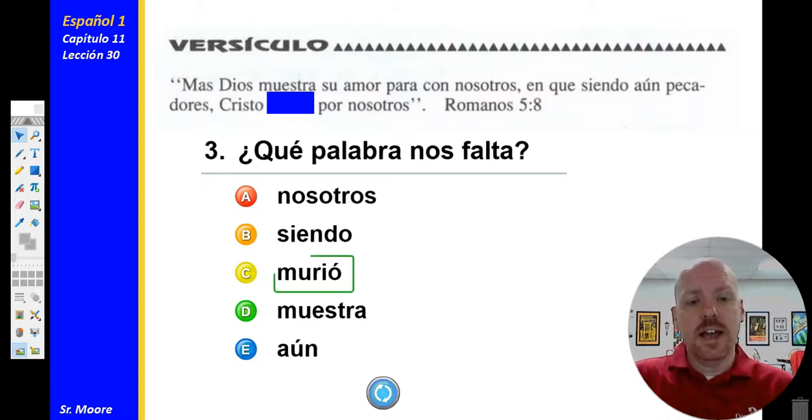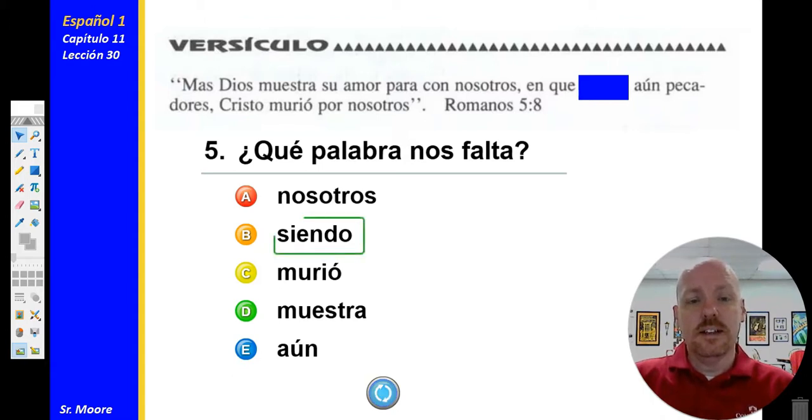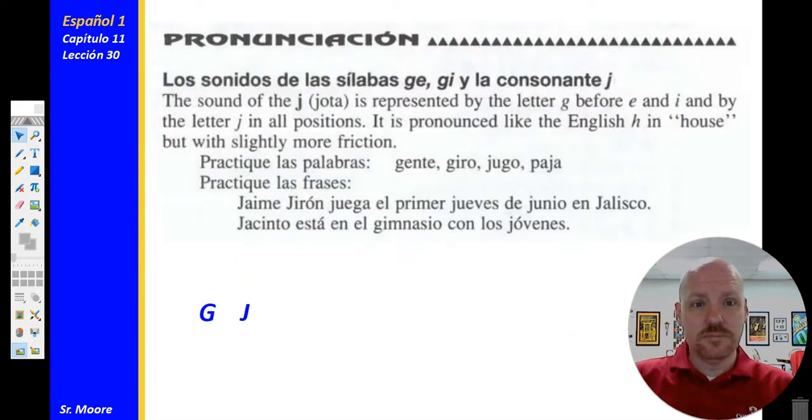La respuesta es murió, died, murió. ¿Y aquí qué palabra nos falta? La respuesta es nosotros, we or us, nosotros. Número 5, ¿qué palabra nos falta? Siendo, being, siendo. Make sure you're studying that verse. You will need to be able to write that verse for this lesson quiz.